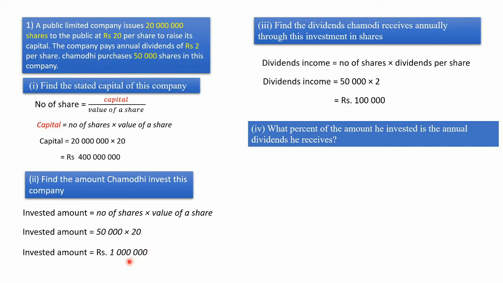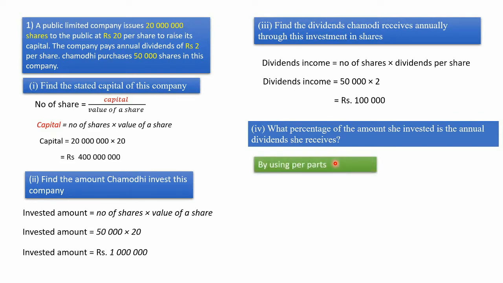Her invested amount is 1 million, you can see here 10 lakh. And finally, at the end of the year, what percentage of the amount she invested is the annual dividend she received? Income per share is 2 rupees. You can go with shares, or otherwise you can use these values: 10 lakh invested amount and the received amount is 1 lakh.